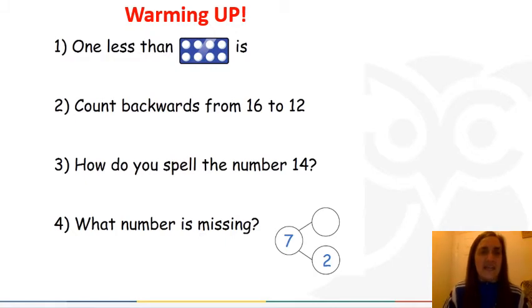Okay, let's get started. So, number 1. Oh, let's have a look. We've got a numicon here. I'd like you to count the numbers in the numicon, count the holes, and then write down what 1 less than that number is. Question 2. Count backwards from 16 to 12.